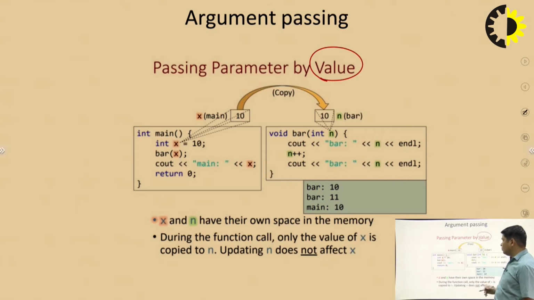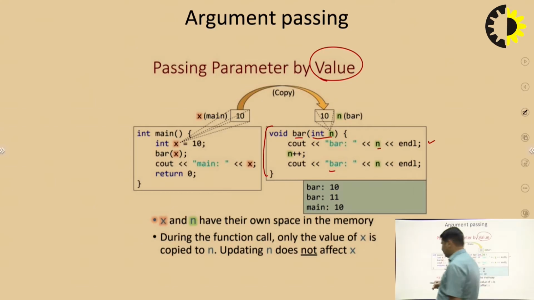So inside this approach, you will see here we have passed the argument by value. What is value? Inside, this is our function, the name of function is bar, and the bar function has one argument which is called n, and I am going to print the value of n, and increment the value of n by 1, and finally I am again printing the value.